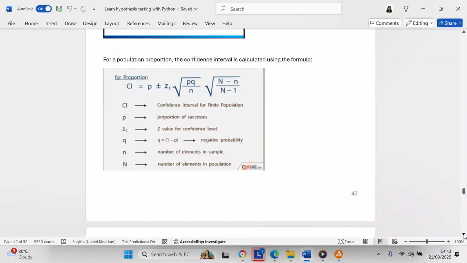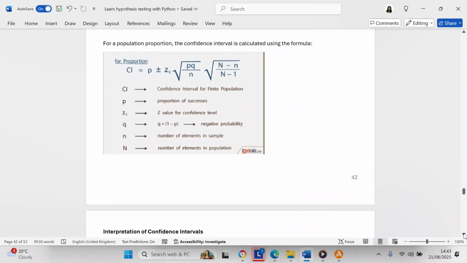So that's your formula for the confidence interval for a proportion.